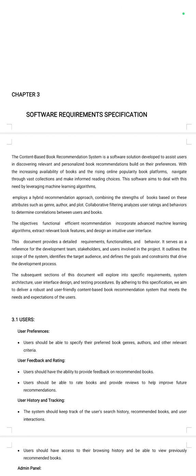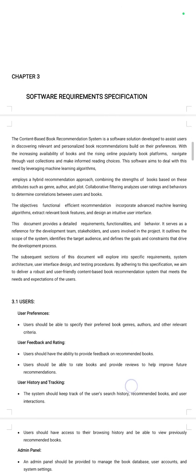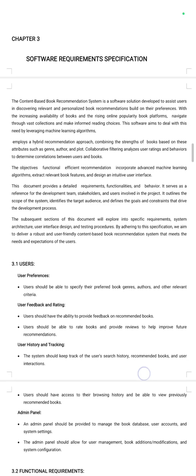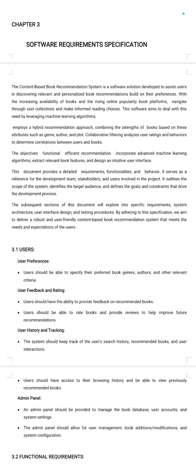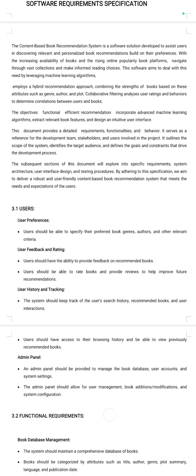Users: user preference, user feedback and rating, user history and tracking, admin panel. In user preference, the user should be able to specify their preferred book genre, author, and other relevant criteria. User feedback and rating: the user should have the ability to provide feedback on recommended books. The user should be able to rate books and provide reviews to help improve future recommendations.